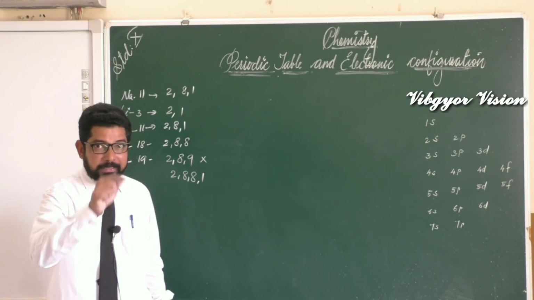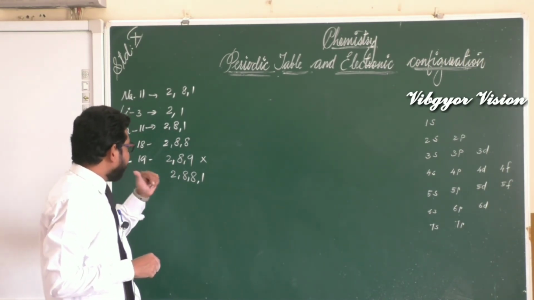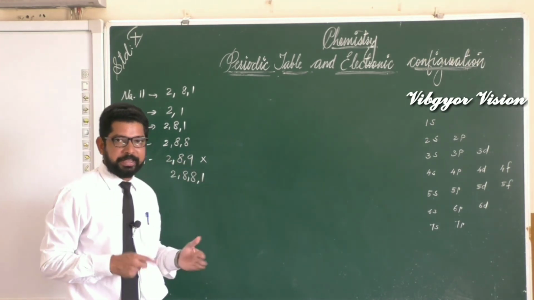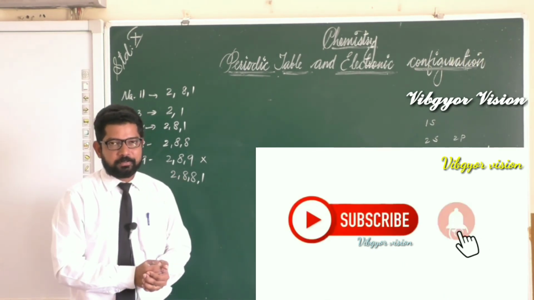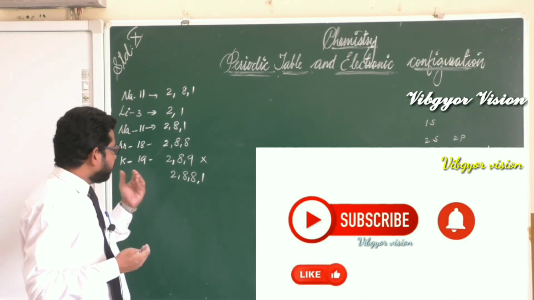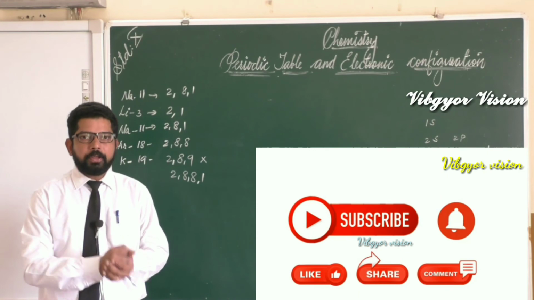It is 18. Then you may ask, why have the electrons gone to the next shell, the N shell, the 4th shell? To understand this, what should we know? We should know the subshell electronic configuration.